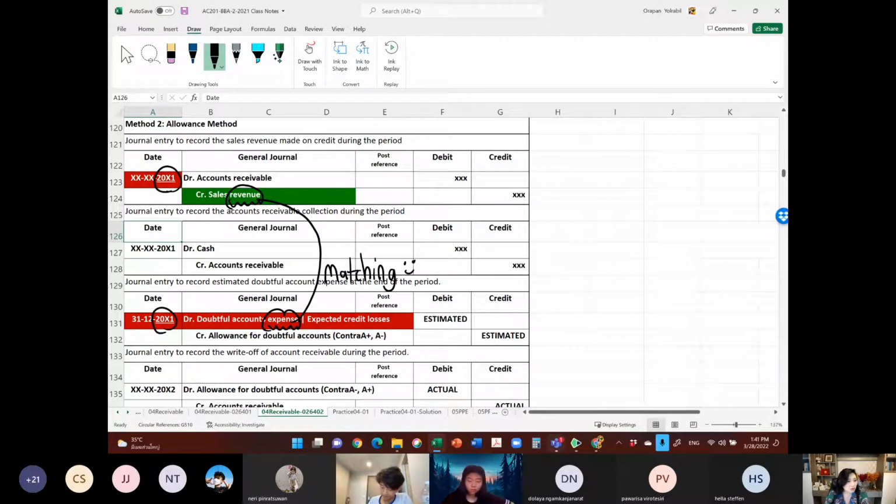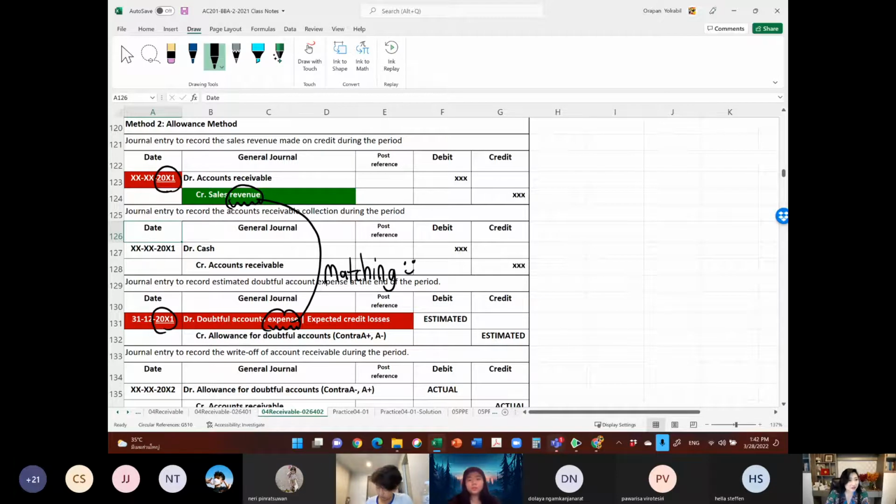So if you use the allowance method, then you can match the related expenses in the same accounting period as the revenue. As you can see here, expense is in year 1 and revenue is also in year 1. That's the reason why you cannot wait until you know for sure that Mr. A will not be able to make the payment.